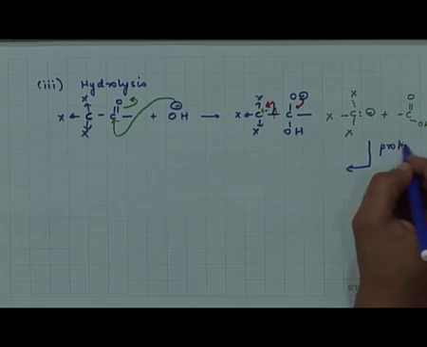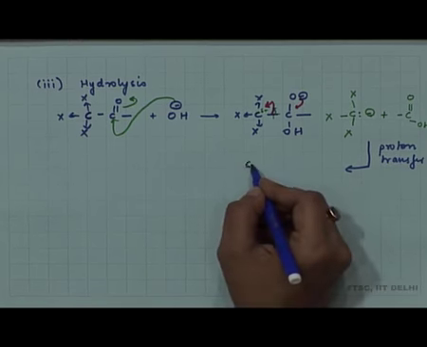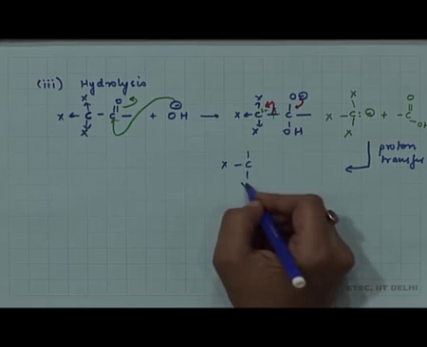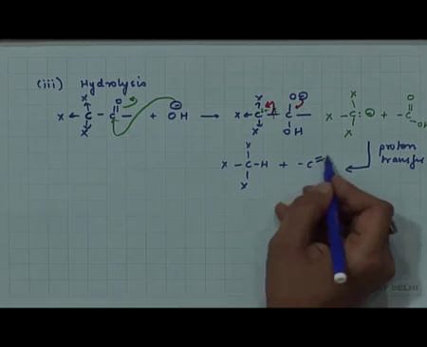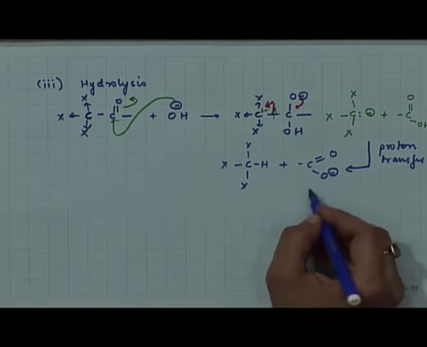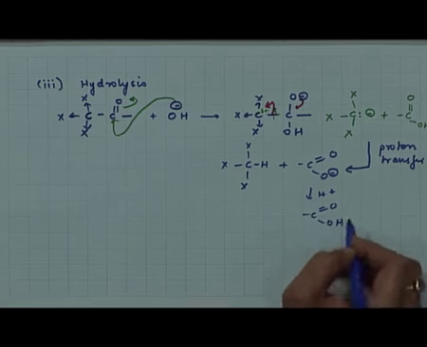There is a proton transfer, it abstracts the proton from the acid and gives you the corresponding haloform. So, you get the haloform along with the formation of the corresponding carboxylate anion, which can again take up the proton to give you the acid.